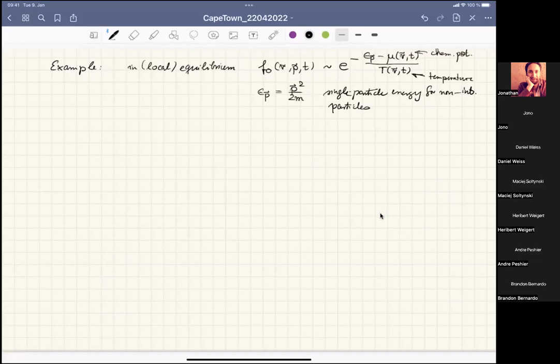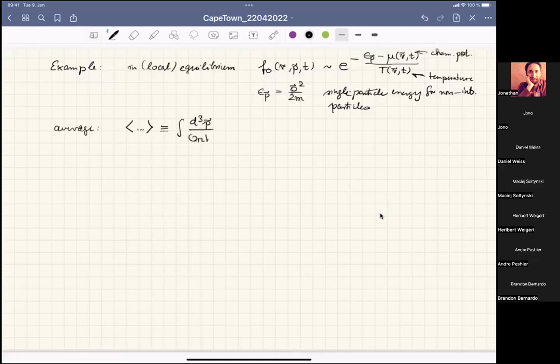So now, what can we do with F? I can compute some quantities which are more familiar to you. For instance, let me introduce an averaging, which I usually denote with these angular brackets. It's defined as an integral over momentum space, not the whole phase space, just momentum space.